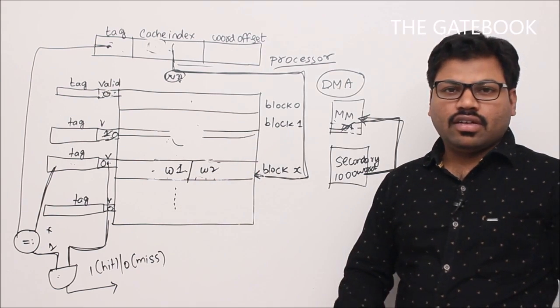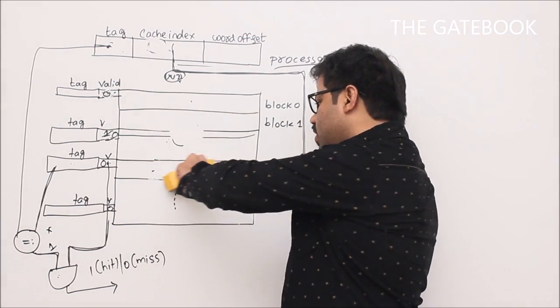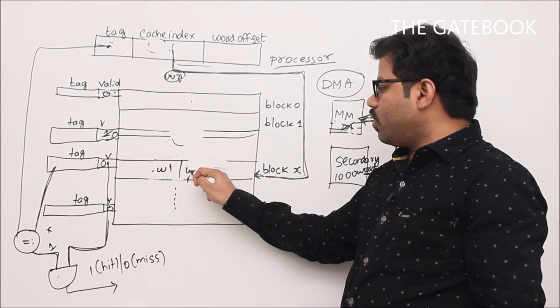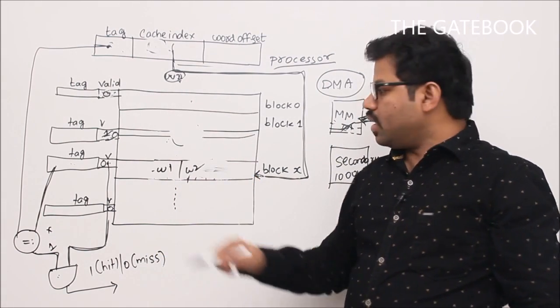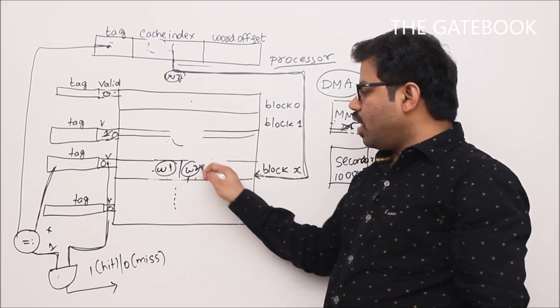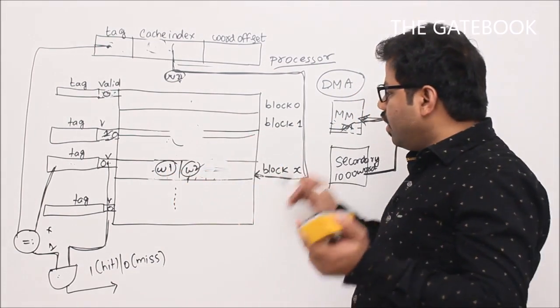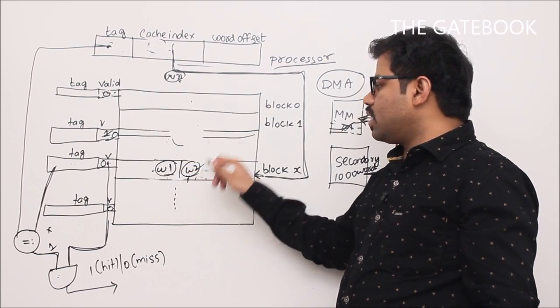That means these two are competitors. We have a block, and in the block you can keep either word 1 or word 2, not both at a time, because word 1 and word 2 may belong to two different blocks of main memory, and they are supposed to be mapped to this cache block.